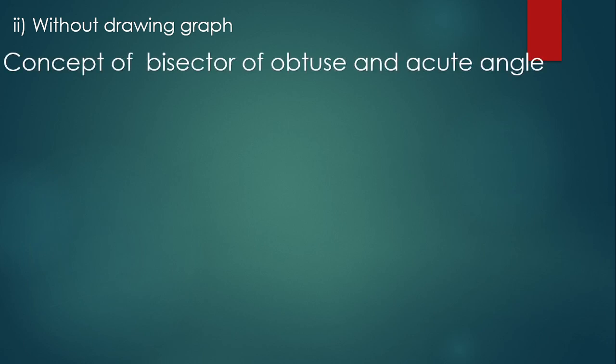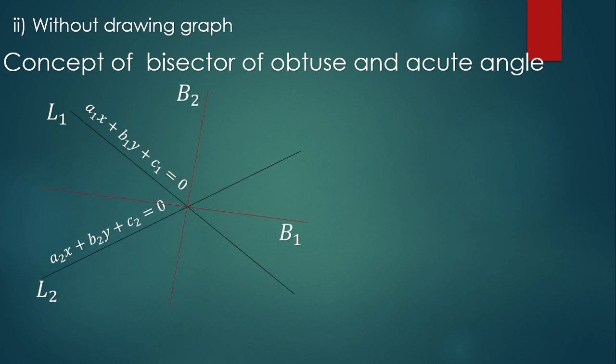For this, we have to understand the concept of the bisector of the obtuse and acute angle. So what is the bisector of obtuse and the bisector of acute? Let L1 and L2 be two lines and B1 and B2 the two bisectors.